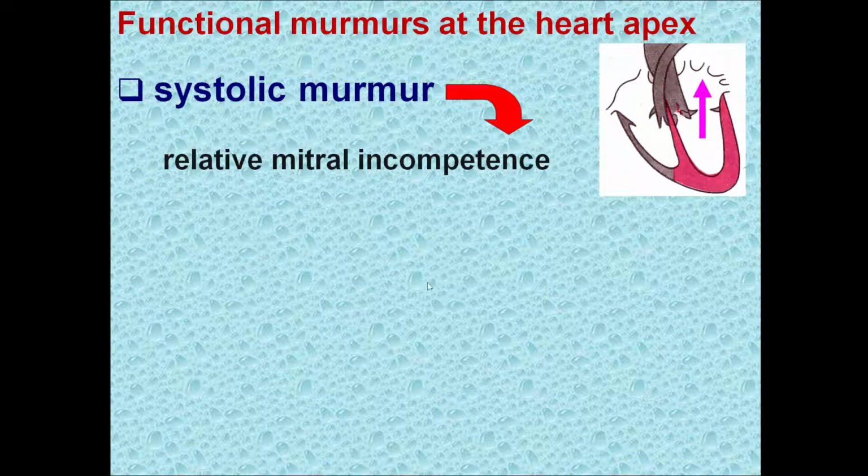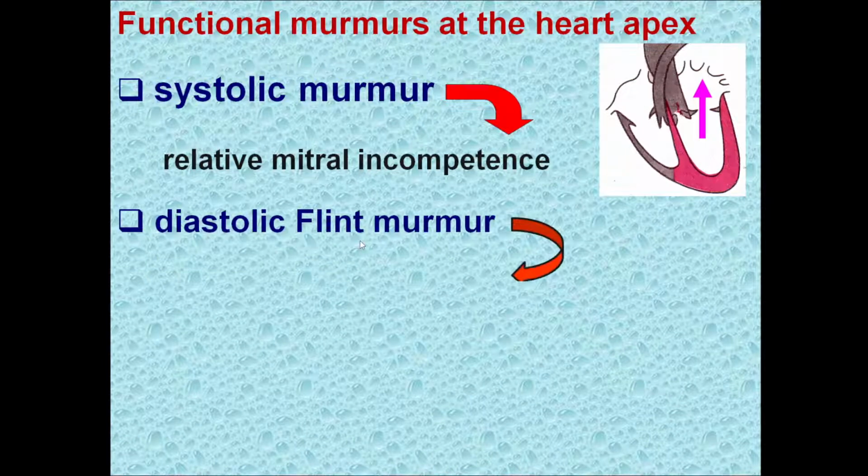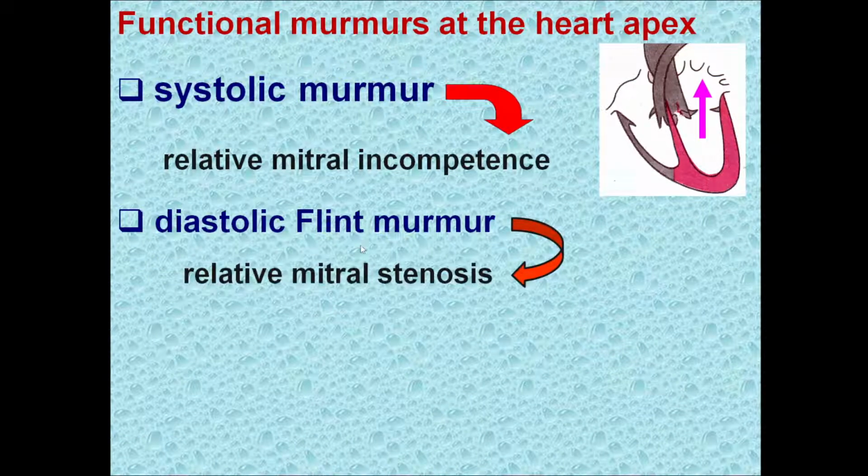And the diastolic, or Flint, murmur appears due to relative mitral stenosis. Let's remember the mechanism of its formation. During the diastolic period, when blood comes back from the aorta, it pushes on the mitral valve, which cannot be completely opened.